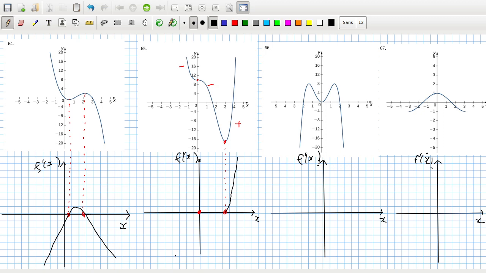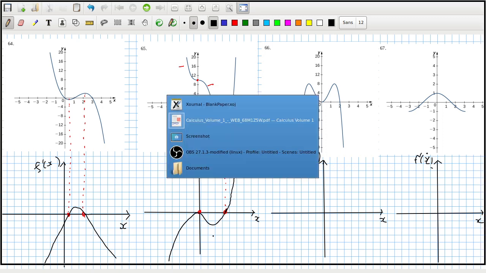So I'm picturing, and then here it switches from being concave to convex, so kind of picturing something maybe like this. Now, the good thing is we have an answer at the back.